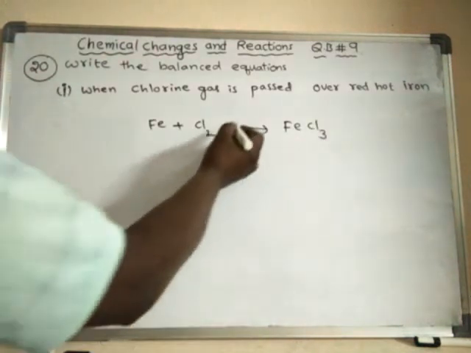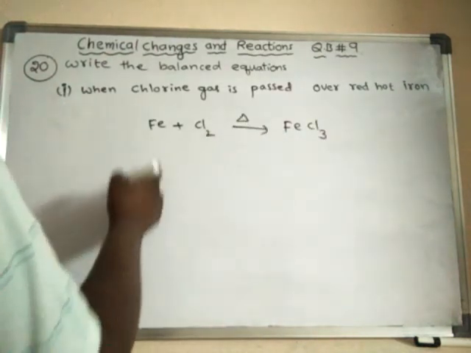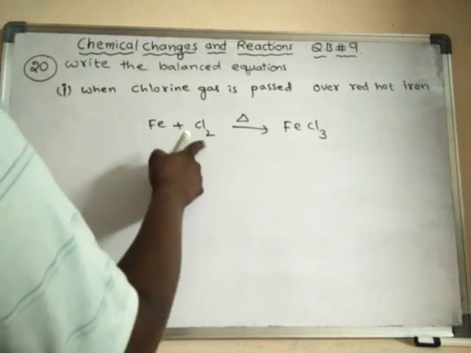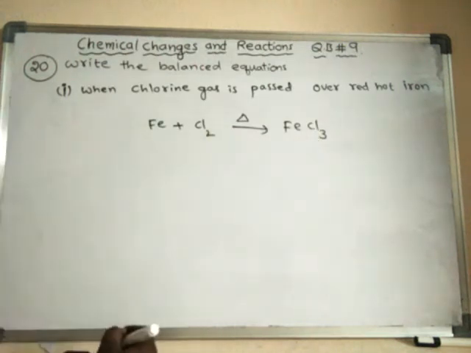Under hot conditions, iron will react with chlorine to form FeCl3.